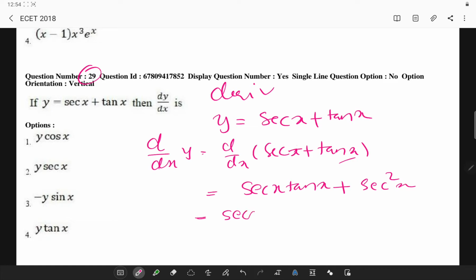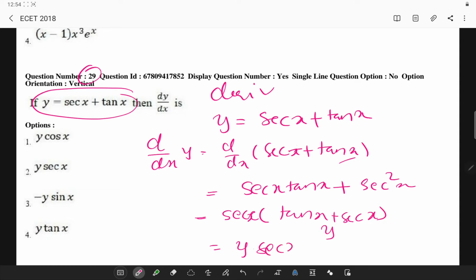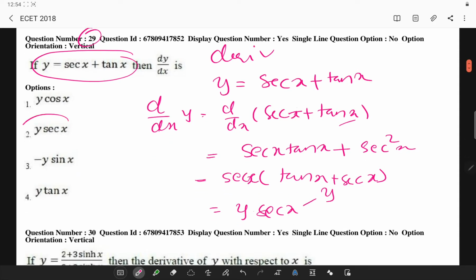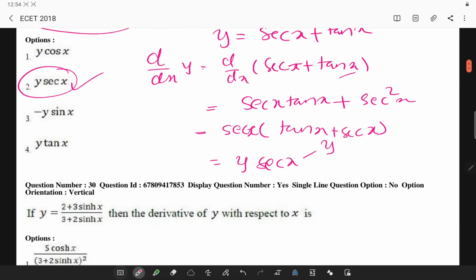If I take secant x common, I will have tan x plus secant x. But if you observe the question, this is y, so I can simply write it as y into secant x. So the answer is the second option.